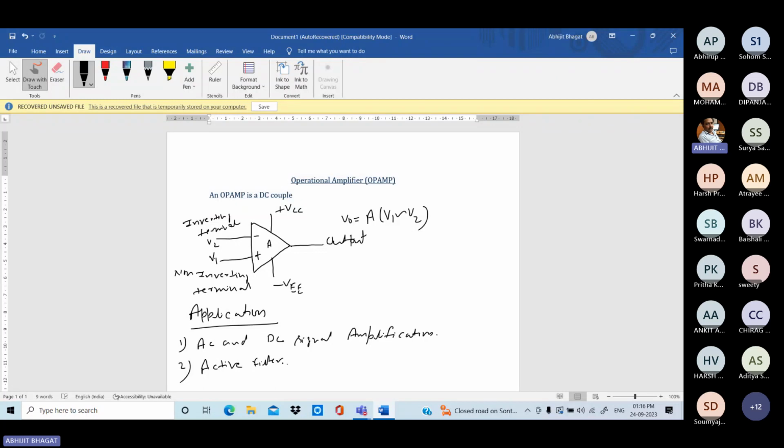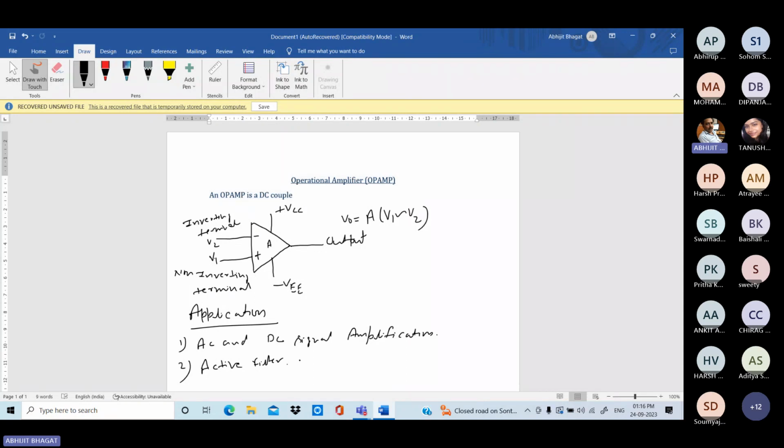Resistance, capacitance, inductance are called passive components, and the op-amp is considered an active element. So whatever filter is designed by using the op-amp is an active filter.